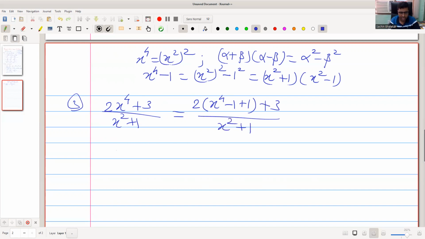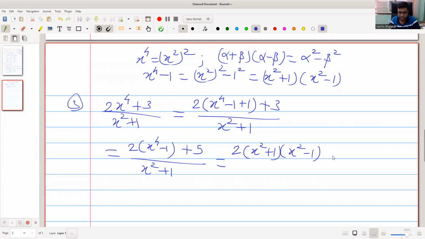Now it is equal to 2 times this x raised to 4 minus 1. Then this is plus 2 plus 3, so plus 5 divided by x square plus 1. Now this x raised to 4 minus 1 can be written like this. So 2 times x square plus 1 into x square minus 1 plus 5 divided by x square plus 1.